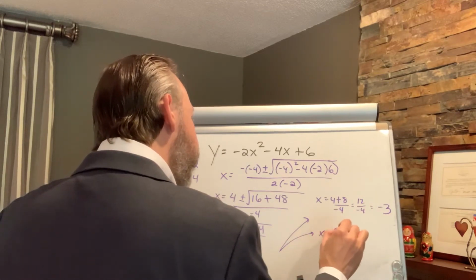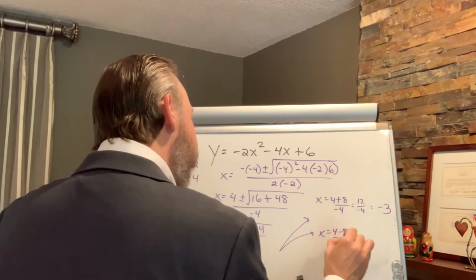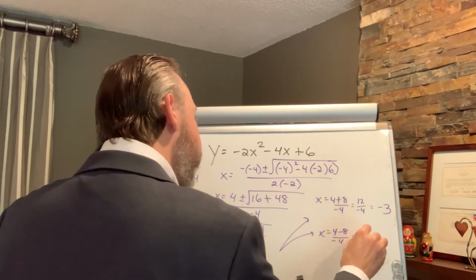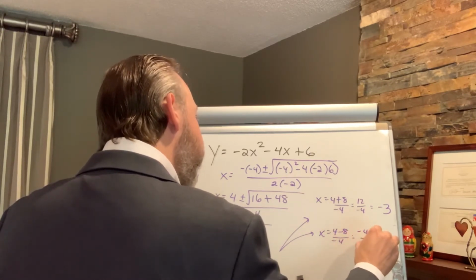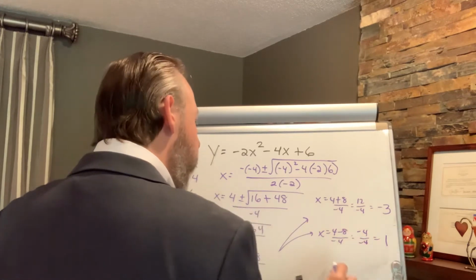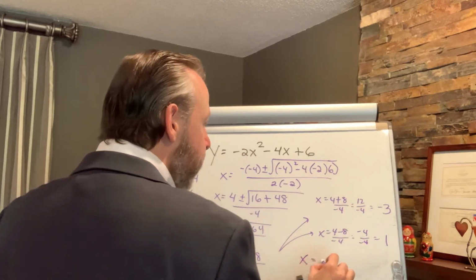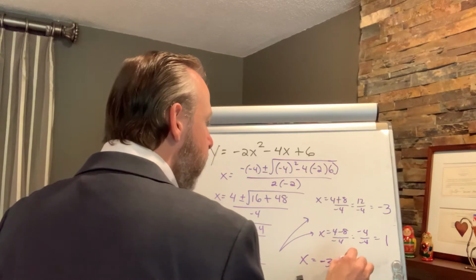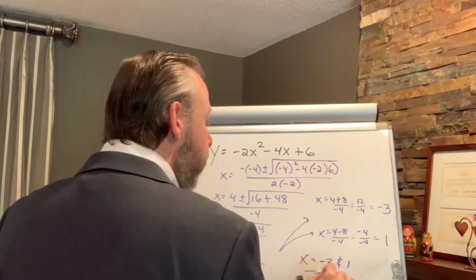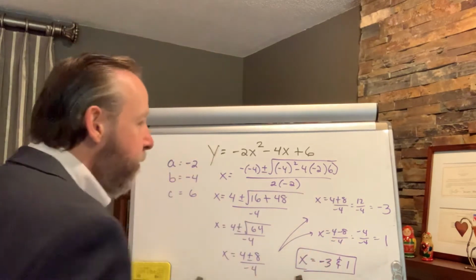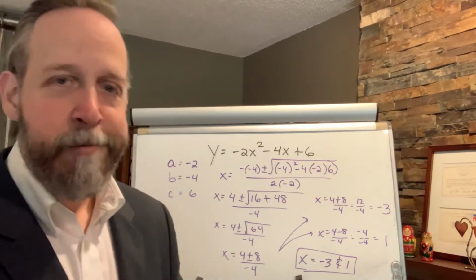Or x equals 4 minus 8 over -4. That's -4 over -4, which is 1. So x equals -3 and 1. Those are the two x-intercepts for the problem I gave you for homework last night.